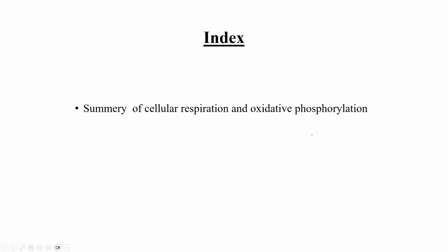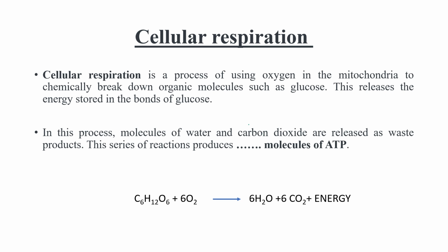In today's video lecture, we are going to discuss a summary of cellular respiration and oxidative phosphorylation. First of all, let's discuss the term cellular respiration. In the previous two lectures, we have already discussed this topic in a very detailed way.